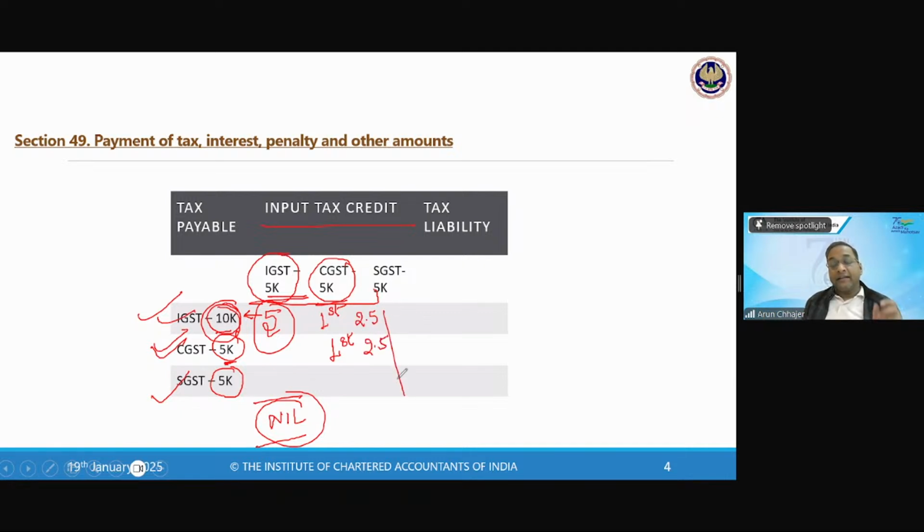मुझे बताइए किस तरीके से ये लाइबिलिटी को आईटीसी का अमाउंट दिया जाएगा. किस लाइबिलिटी को ये 5000 सी अमाउंट देगा.